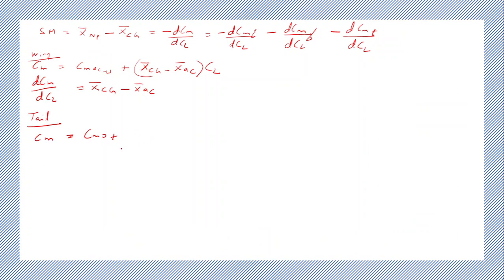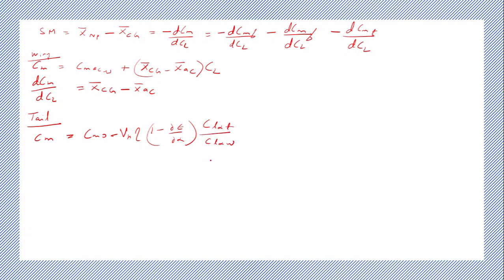What did you have there? You had minus VH eta 1 minus d epsilon by d alpha, CL alpha tail by CL alpha wing.